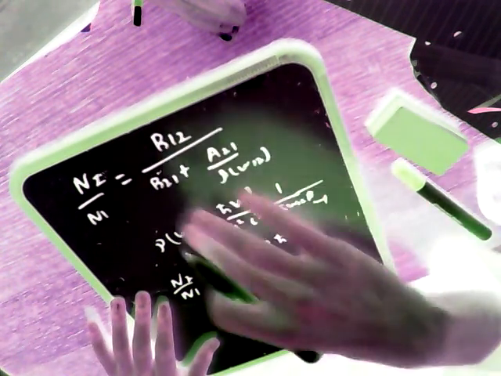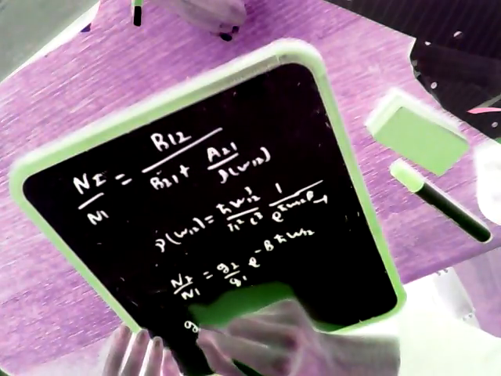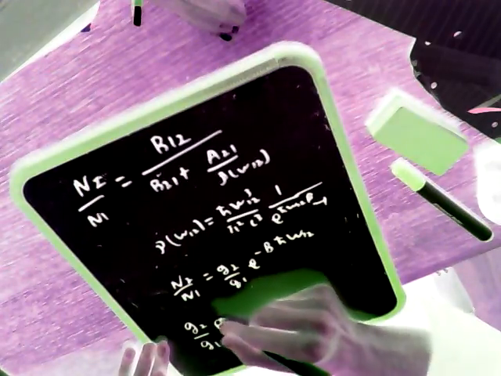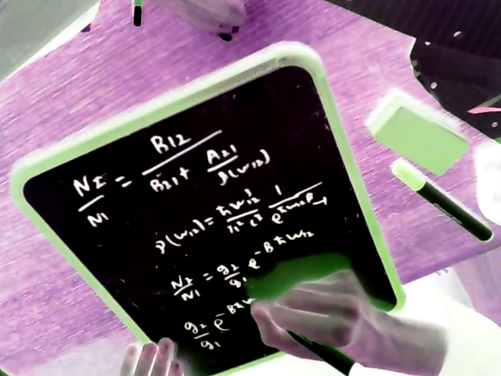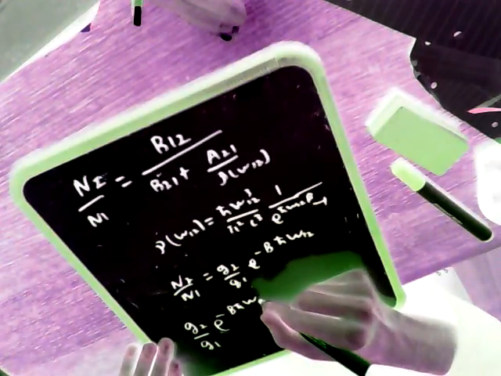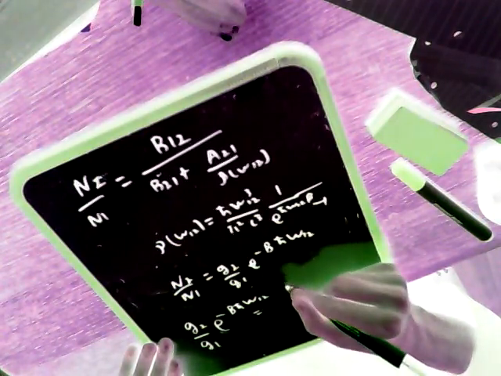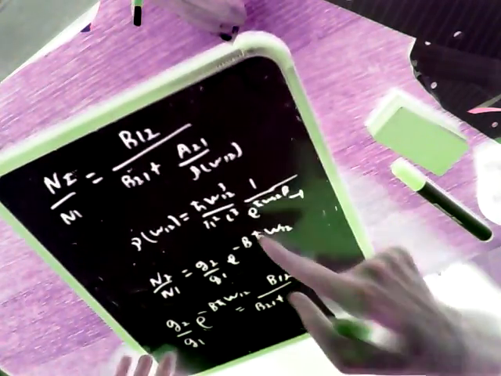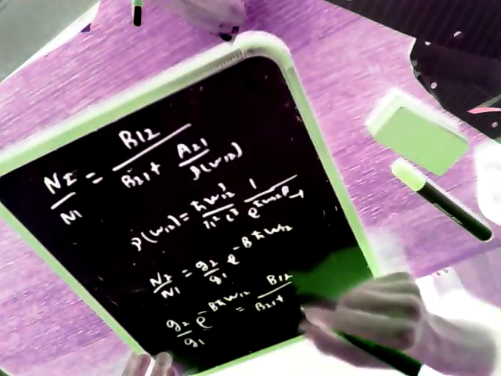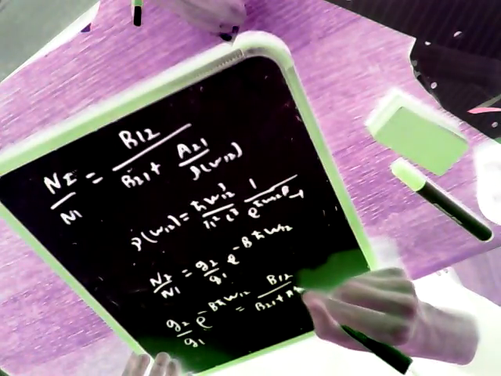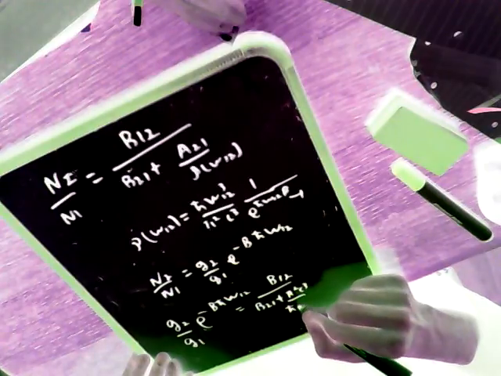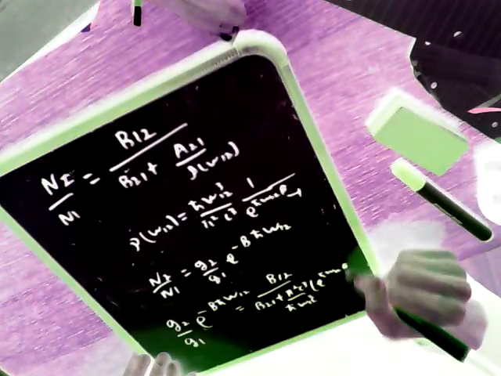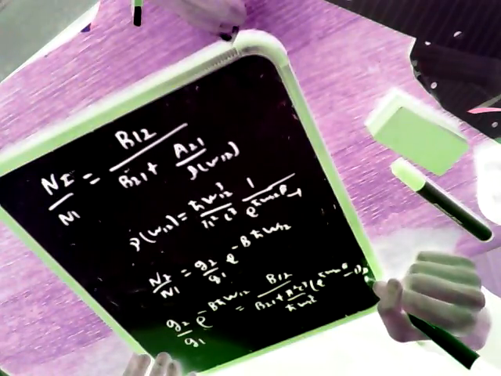So we're going to sub these two into this equation to give us that G2 over G1, we'll put the exponential in as well, e to the minus beta h bar omega 1 2 equal to B12 over B21 plus, and now I'm writing actually the inverse of this, so that's going to be pi squared c cubed over h bar omega 1 2 cubed times e to the h bar omega 1 2 beta minus 1 times A 2 1.